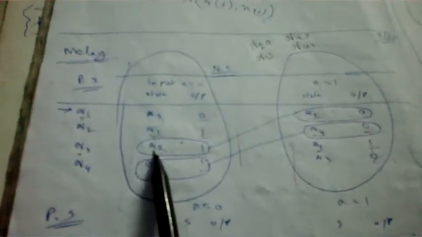For Mealy to Moore machine, at first you have to check these two columns, this column and this column. First check whose state output are changed. For Q1 there is output 1 and for Q1 there is output 1, so Q1 is not changed.